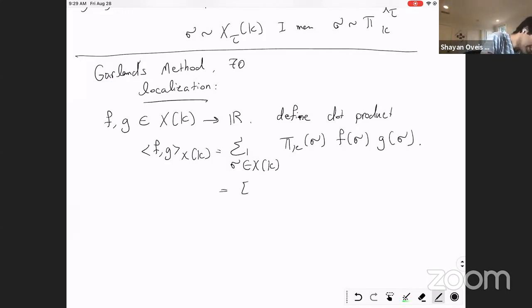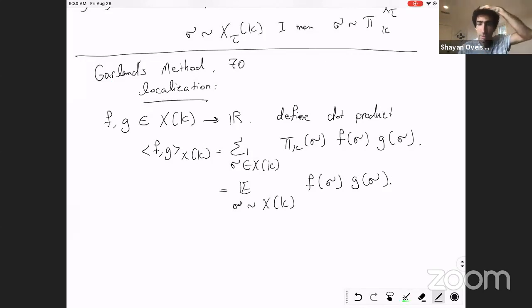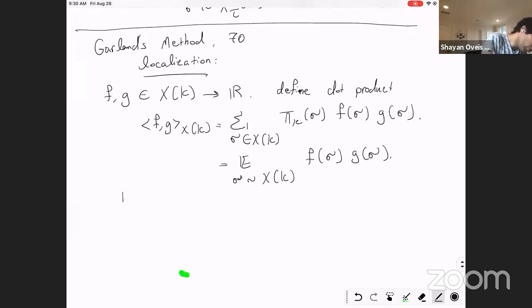Another way to think about it is exactly the expectation of f sigma g sigma, with sigma sampled from Xk. You choose a random face of that dimension based on this probability distribution pi k, and then you calculate the expected product. Now this also defines a norm. The norm of a vector f is basically the dot product of f with itself. And I may drop the Xk here when the underlying complex is clear.